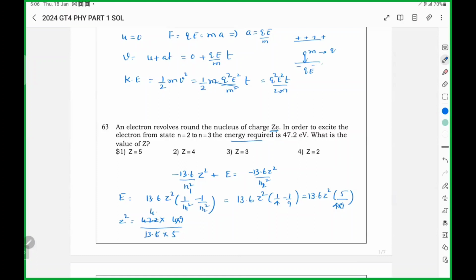It is 4 point something, here 36 by 5. It is a little less than 4, nearer to 7. So it will be less than 28. Perfect squares are given in the options, so you take Z as 5.